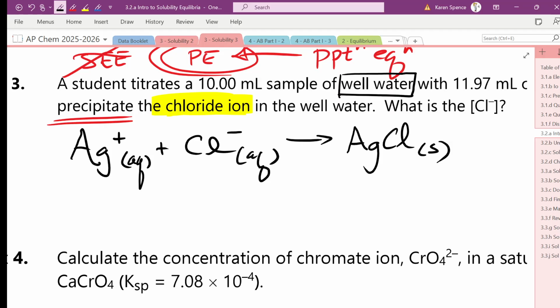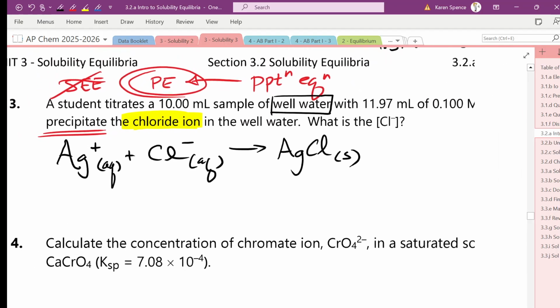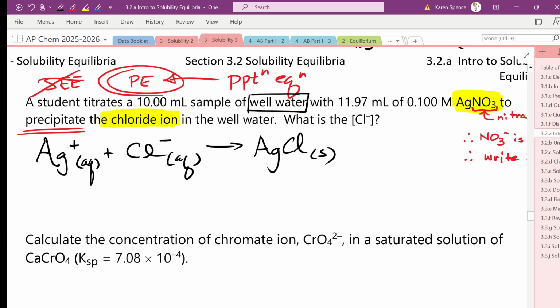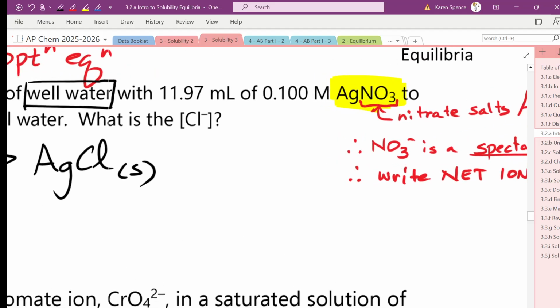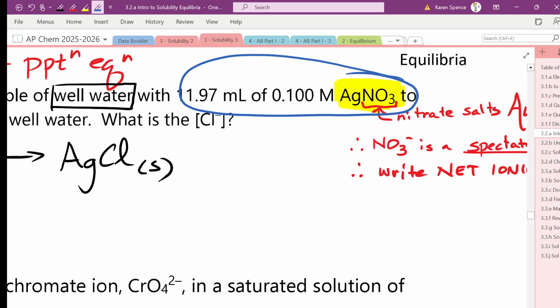Okay, so let's take a look at what we know about the silver ion. What information are we given about silver? We have two pieces of information about the silver.